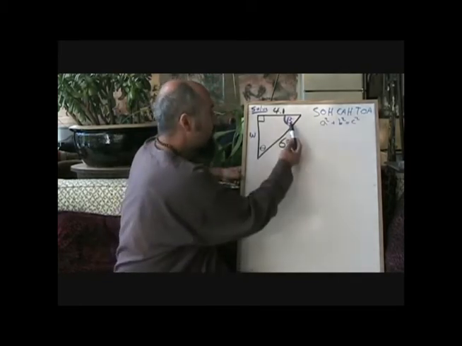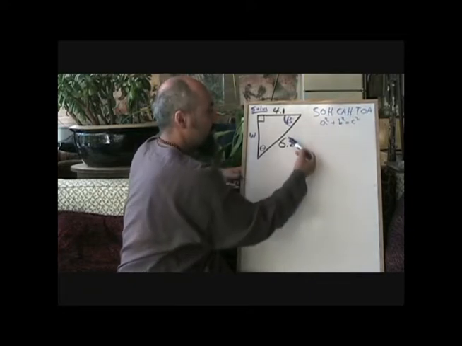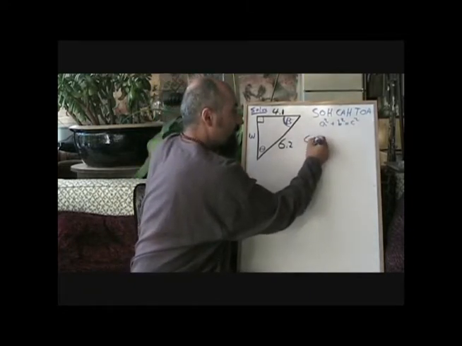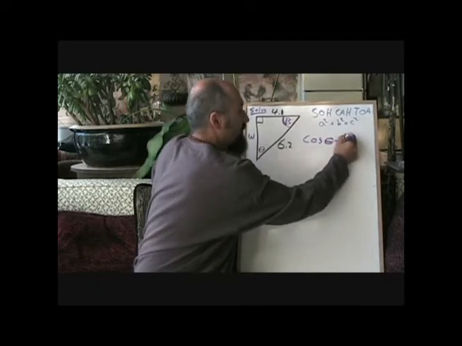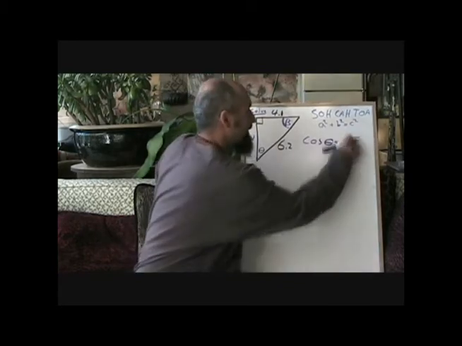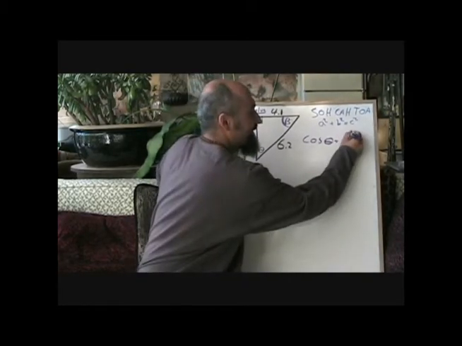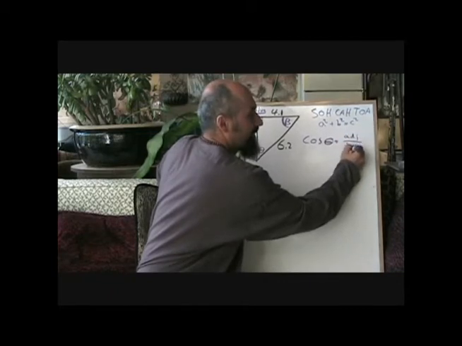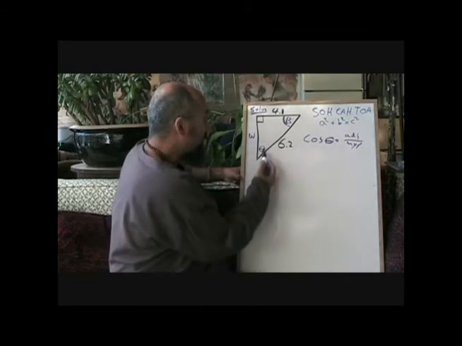So what you're going to say is the cosine of beta is equal to adjacent over hypotenuse. So the formula is cos theta is equal to adjacent over hypotenuse. Now, theta is a general term. I'm not talking about this theta.